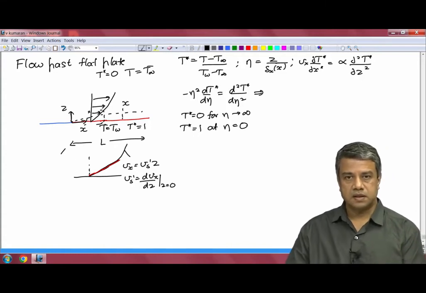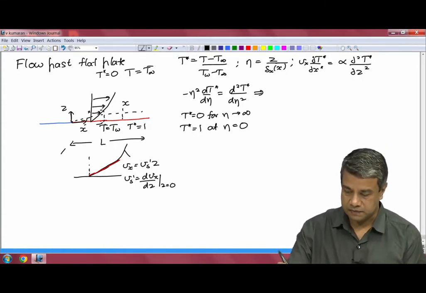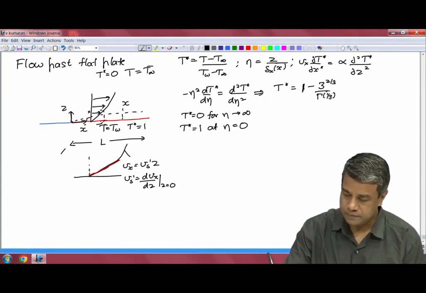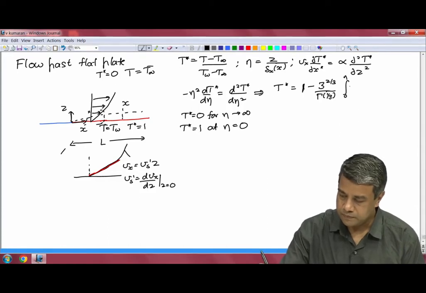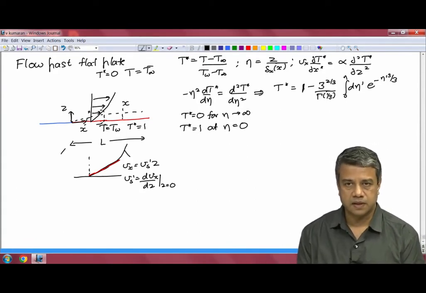Subject to these two boundary conditions, I got a solution for the temperature field, T star is equal to 1 minus an integral expression. That was the solution for the temperature field.